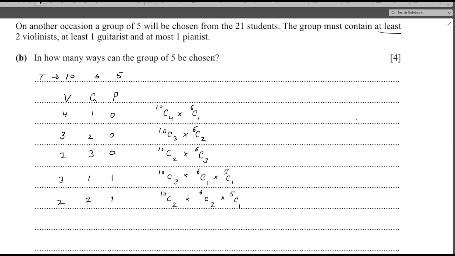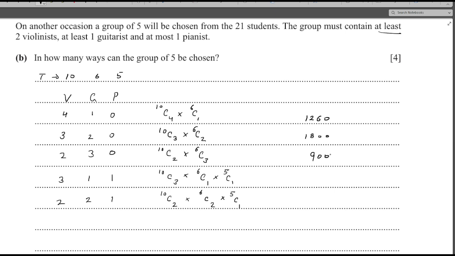Now let us find the total number. 10C4 times 6C1, that is 1260. Then 10C3 times 6C2, so here I have 1800. Next I have 10C2 times 6C3, so that is 900.